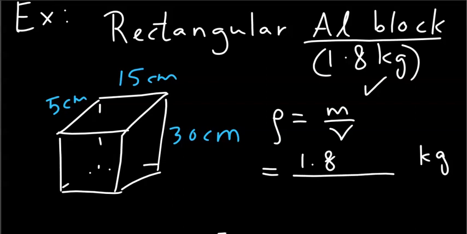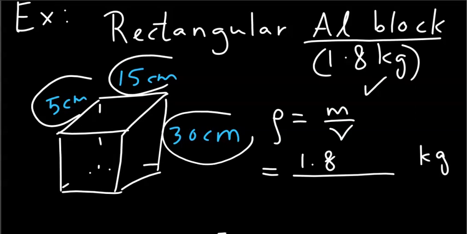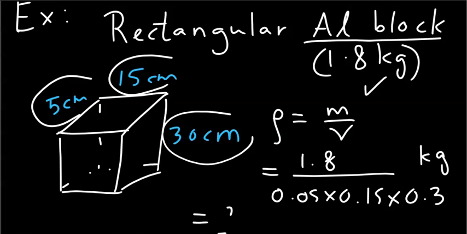The volume can be obtained by simply multiplying the sides of this rectangular block. Convert to meters first, so 5 centimeters is 0.05 meter, 15 cm is 0.15 meter, and 30 cm is 0.3 meter. When you do the calculation, you obtain 800 kg per cubic meter for the density of aluminum, noting that the denominator here has a dimension of cubic meter.